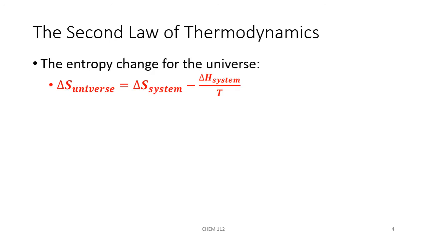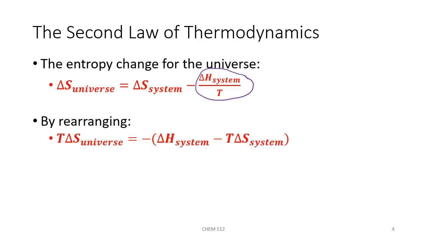The entropy change of the universe can be written as delta S universe equals delta S system plus delta S surroundings. On the previous slide, we derived that negative delta H of the system over the temperature is equivalent to delta S surroundings. We can rearrange this formula by multiplying everything by the temperature to get it out of the denominator, which gives us T delta S of the universe equals negative delta H of the system plus T delta S of the system.